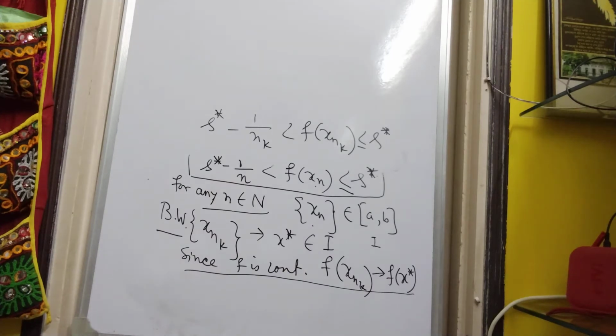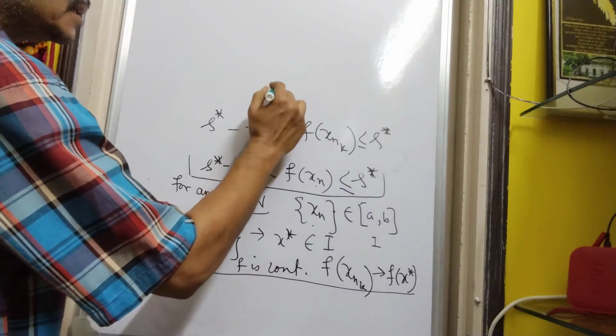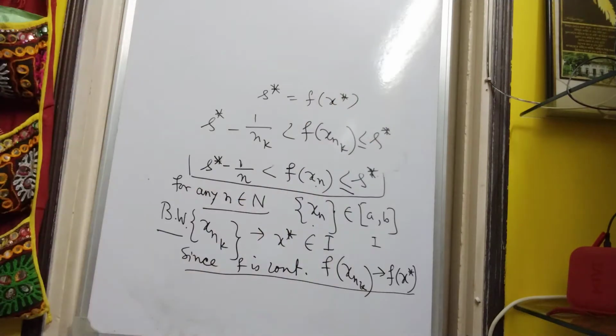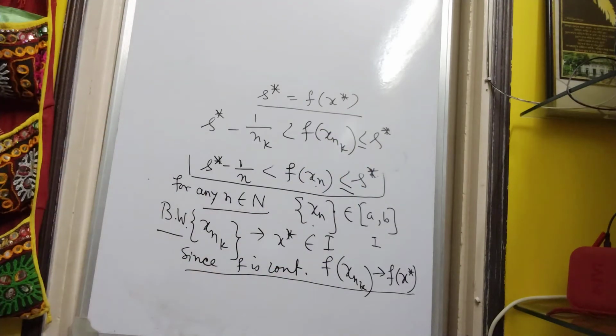And we have from the Sandwich theorem that this S star is nothing but f of x star. From the Sandwich theorem we can easily write this.